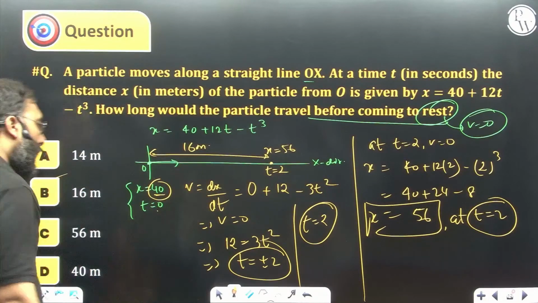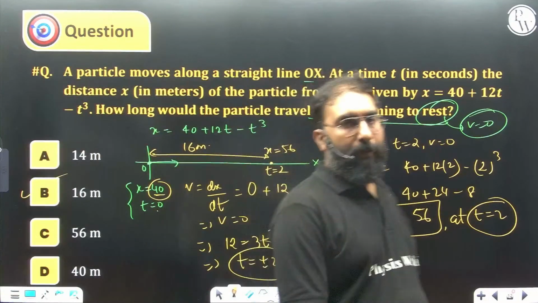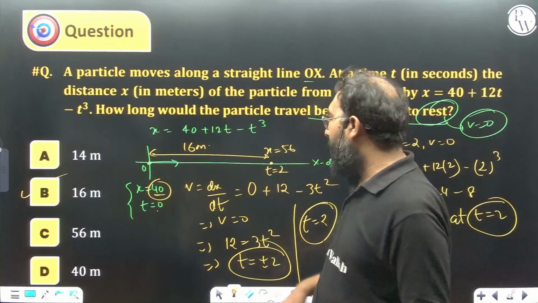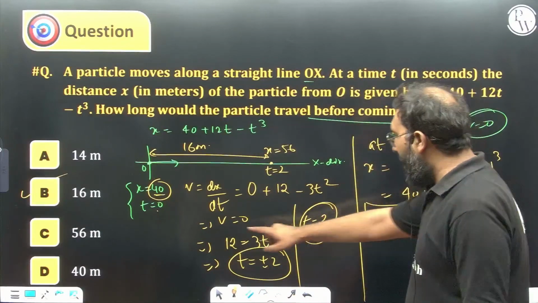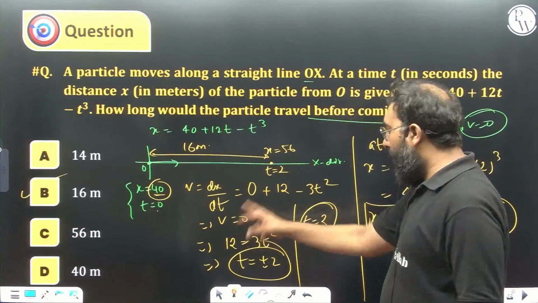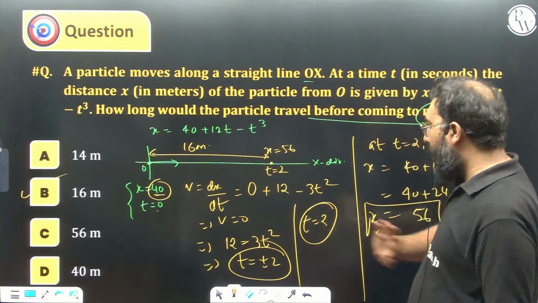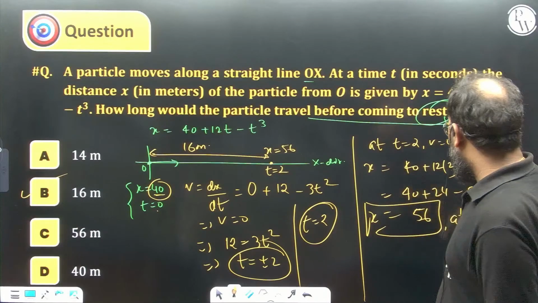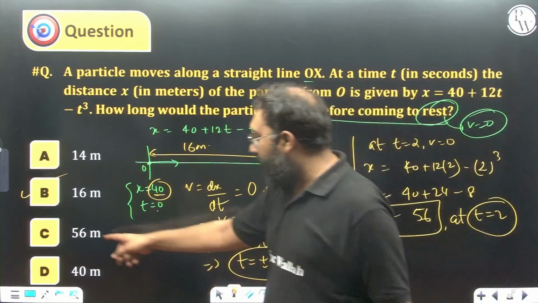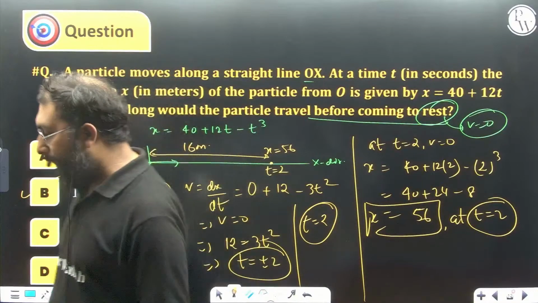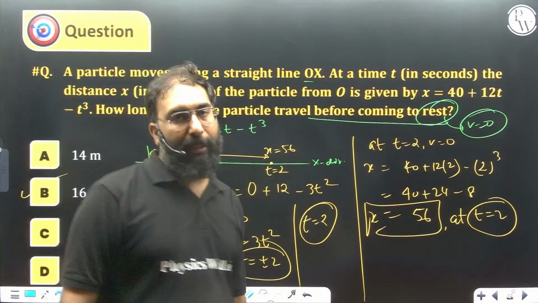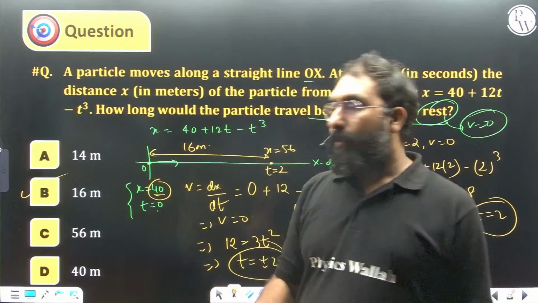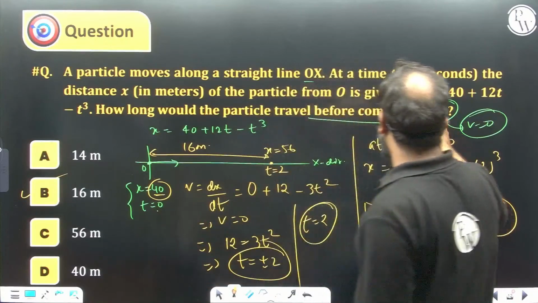16 meters. So sometimes what will happen? The students will make a mistake here. They will find out velocity, they will make it 0, they will calculate t equals 2, and then they will put t equals 2 here, and they will get 56. And since 56 is in option C for Chennai, they will mark it and they will get it wrong. Because you don't have to put t equals 2 here.